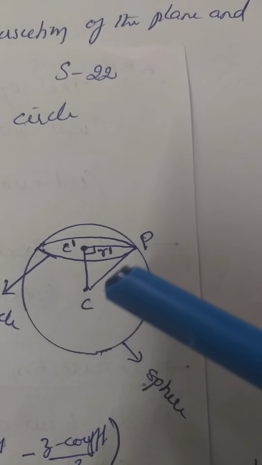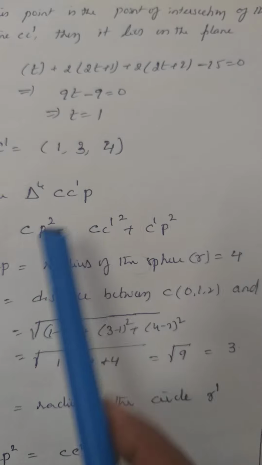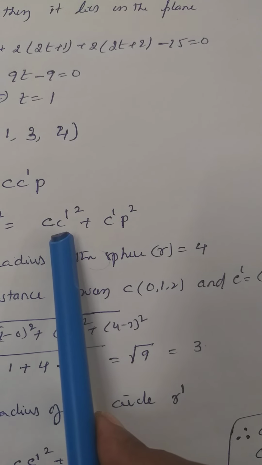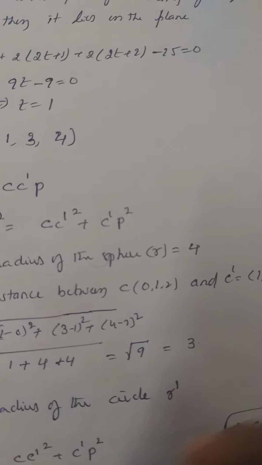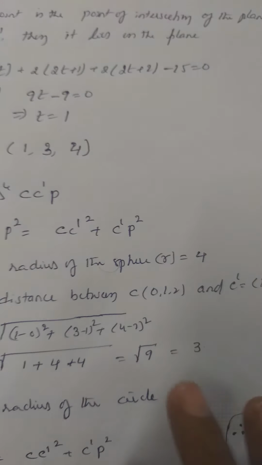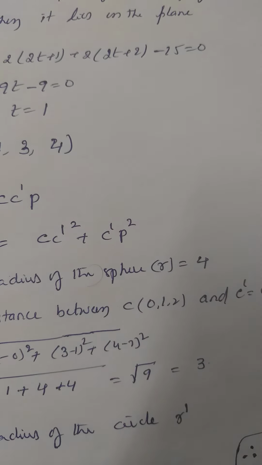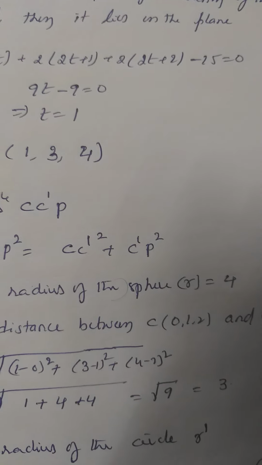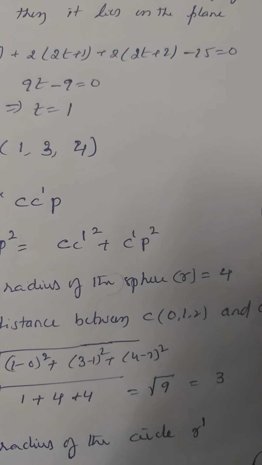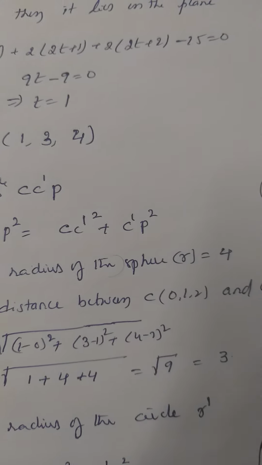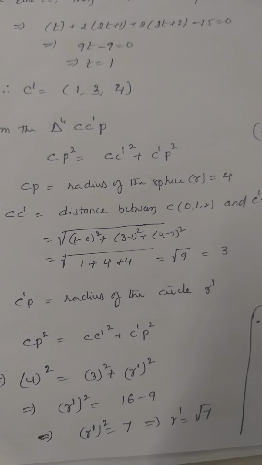Using Pythagoras formula. Here you can use brackets or write directly. This means CC dash whole square, C dash P whole square, right?